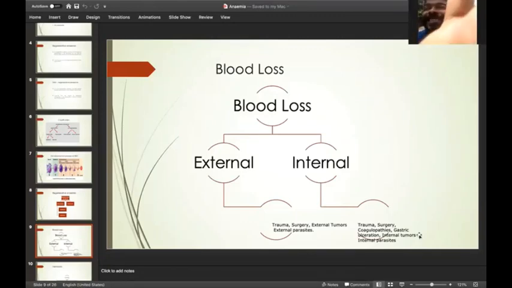Okay, we were discussing the internal parasites that are responsible for the loss of blood. The most important in case of ruminants is Haemonchus contortus. In other ruminants, hookworms are also important, for example Bunostomum, the different species of Bunostomum.